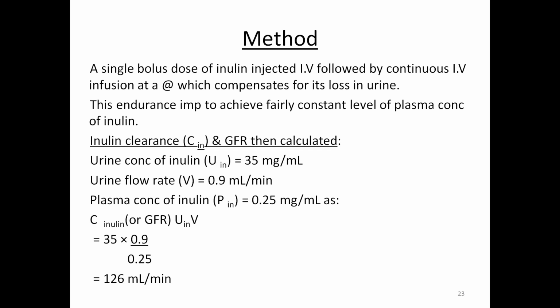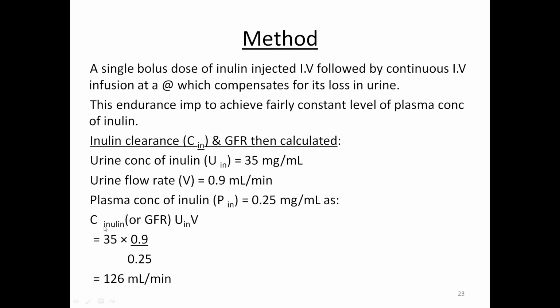Urine concentration of inulin is taken to be 35 milligram per ml. You can see in this example how we are using this formula. Urine flow rate is 0.9 ml per minute. Plasma concentration is given as 0.25 milligram per ml.